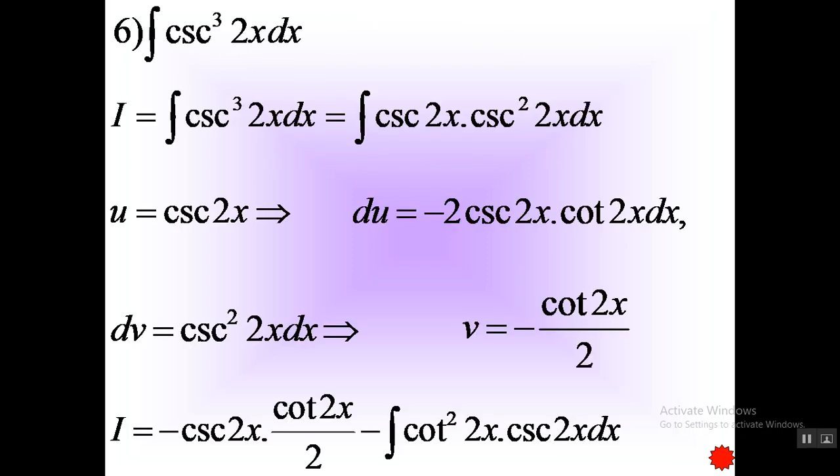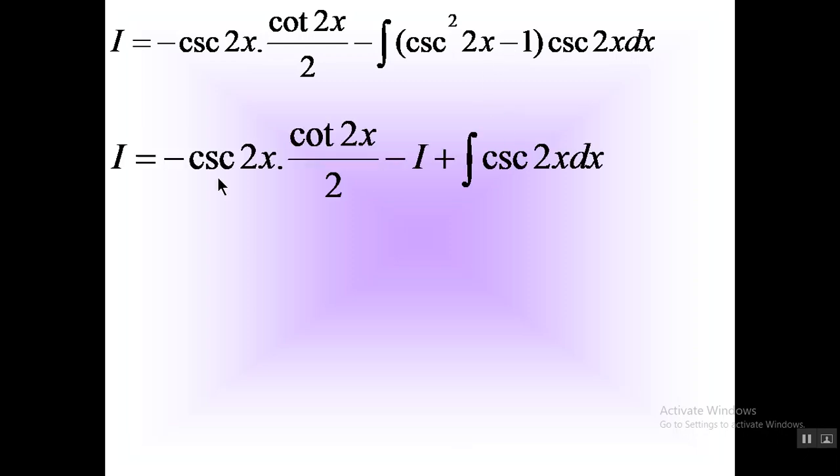Okay, now we can simplify this using cotangent squared is cosecant squared minus 1. So if we simplify this, we get cosecant squared minus 1 times cosecant 2x. Expand this, we get minus cosecant 2x times cotangent 2x over 2.